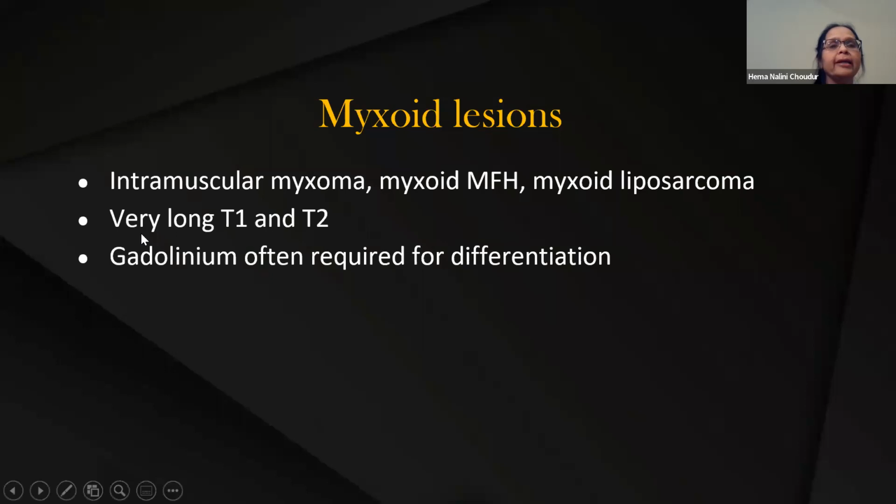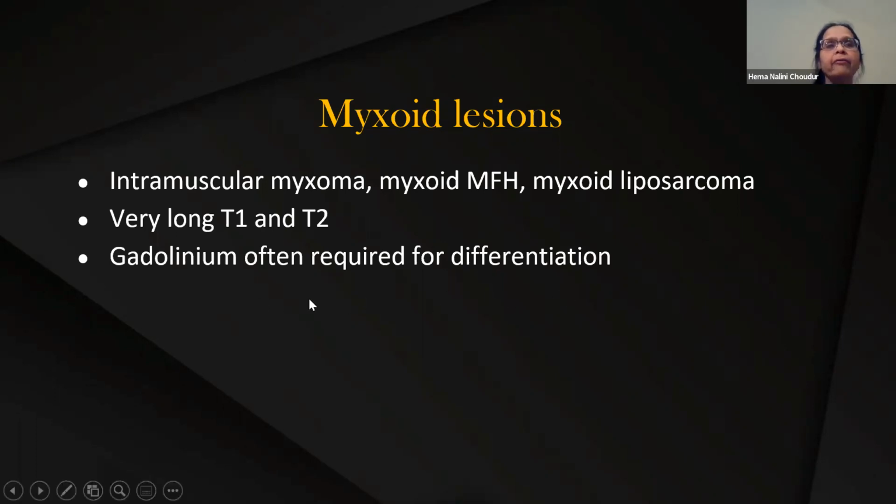So always keep in mind the importance of looking at the T1. For intramuscular myxomas, myxoid MFH, and myxoid liposarcomas, notice that there is no fat component in these myxoid liposarcomas, and always give gadolinium to allow differentiation. So when you do an ultrasound that looks atypical, but in the same location, and in this particular case, there was something like a neck, but there's no joint fluid.